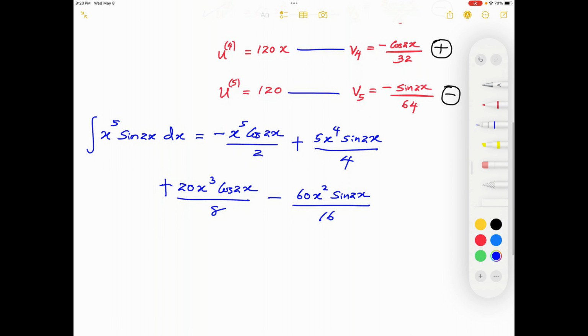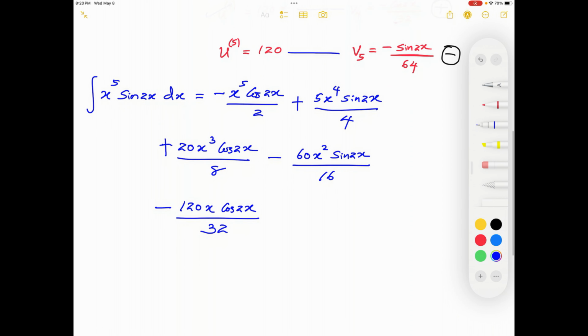We go on to the next line. We have to multiply 120x times negative cosine 2x over 32, and I need to distribute a plus sign. When we do that, the answer becomes negative 120x cosine 2x all divided by 32. Alright, and then the last product.